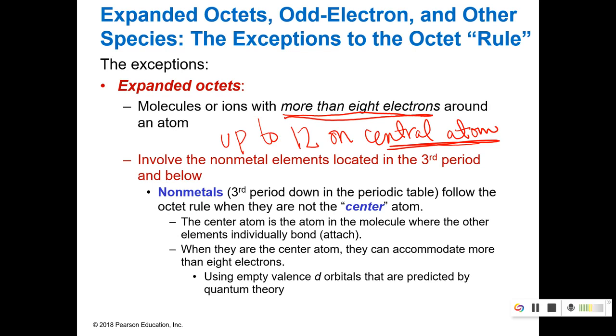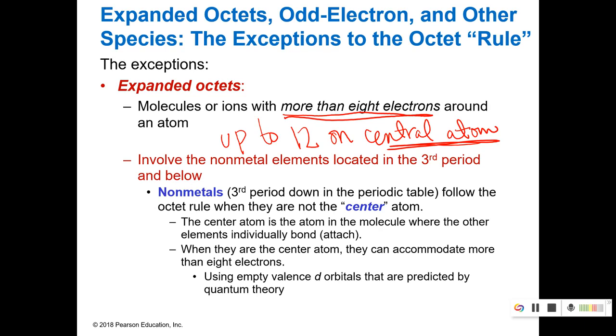Also, the only ones that can have expanded octets are nonmetals that are in period 3, 4, 5, 6, and 7. So, not row 2. Carbon cannot have expanded. Oxygen, nitrogen, and fluorine cannot. But silicon can, and phosphorus can, sulfur can, bromine.